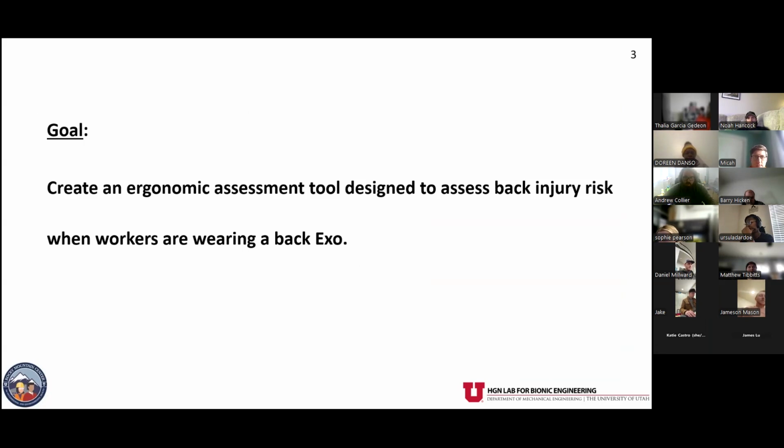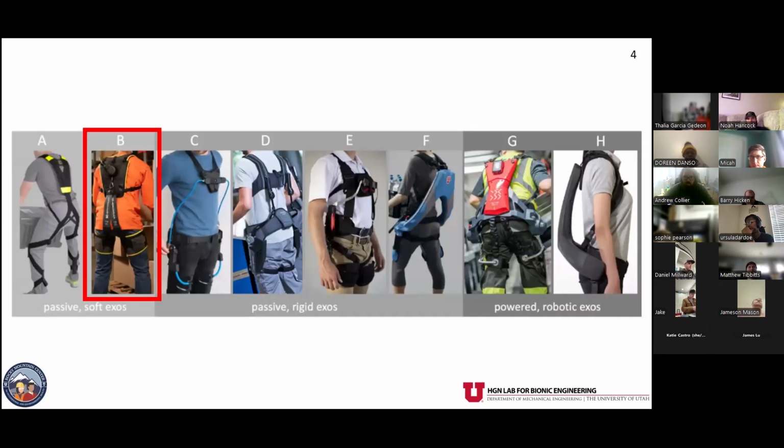They're trying to come up with a tool to assess back injury risk while using a back exoskeleton. We saw some of these devices already from Margaret's study. This one, B in particular, is the same one they used in the other study. It's a passive soft exo, using bands on the back that you can replace with different strengths and stiffnesses, which I'll go into more later.